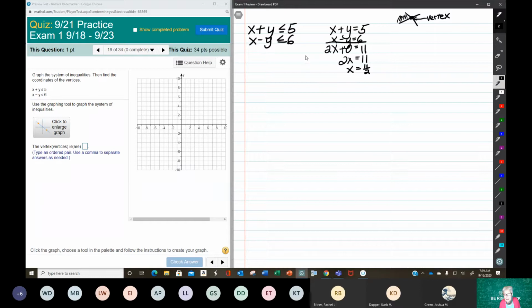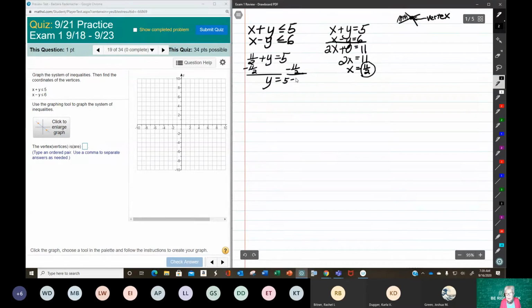It's up to you. If you wanted to just substitute 11 over 2 for x, you might want to use the first line, so you would say 11 over 2 plus y equals 5, and then subtract 11 over 2. So you would have y equals 5 minus 11 over 2, which is easy enough to do.